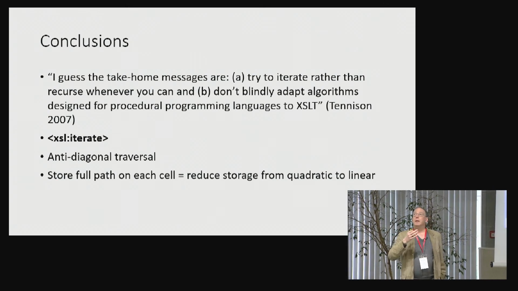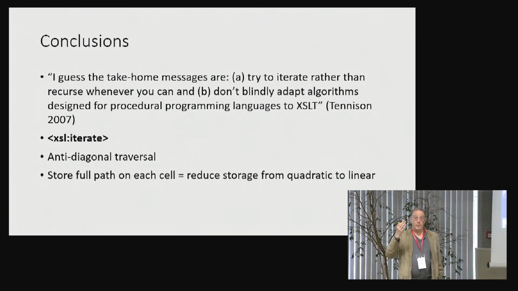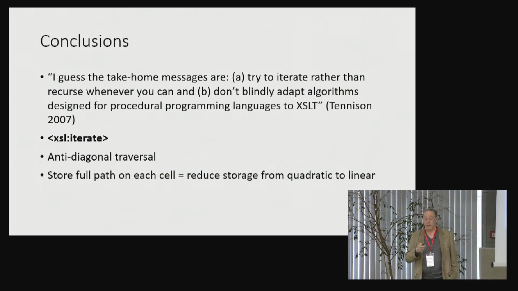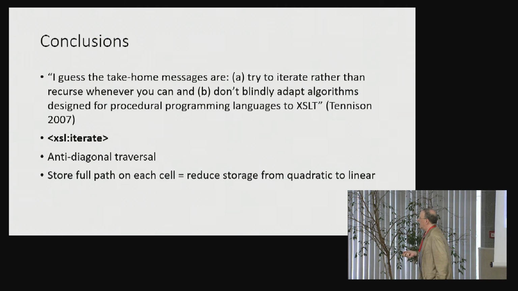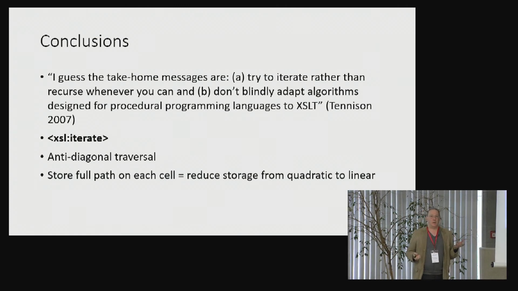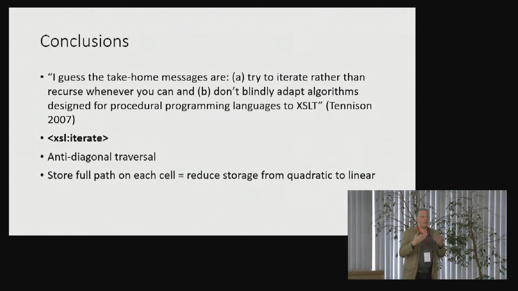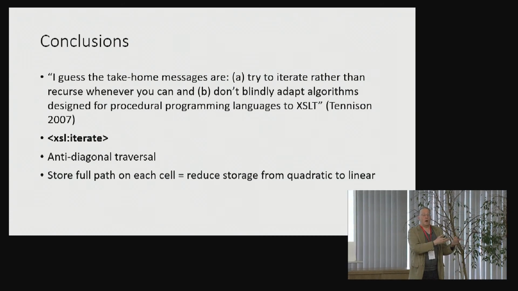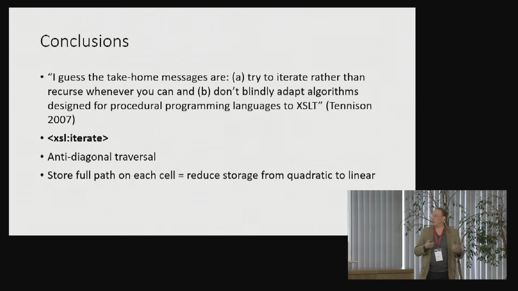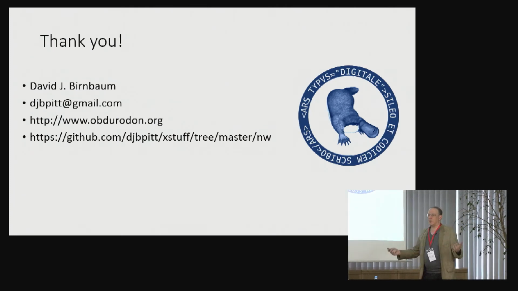So I'm not iterating on every cell, I'm just doing it on every diagonal. Furthermore, the only part of this that is completely new, or at least it was new to me, was the idea of accumulating that entire path on the cells as I was building the grid, so that I could throw away those older diagonals and not have to pass the entire grid forward. And that's kind of all I have to say.